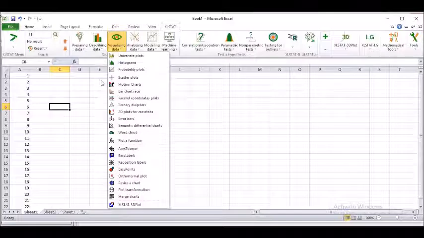However, my duty is to show you that when you are talking about visualizing your data, the way in which you can go ahead one after the other is the manner in which you need to understand. So there are univariate plots, histograms, probability plots, scatter plots, motion charts, bar chart trace, and parallel coordinate plots.